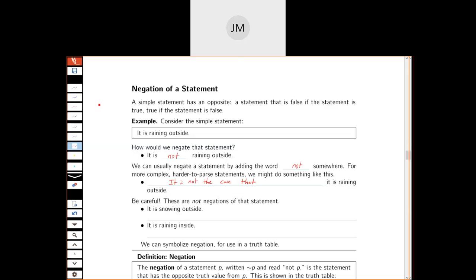All right, now we need to be very careful. These statements are not negations of our original statement. It is snowing outside. So it is raining outside and it is snowing outside are not negations, because if I look out my window right now, it's neither raining nor snowing, so both of those are false.